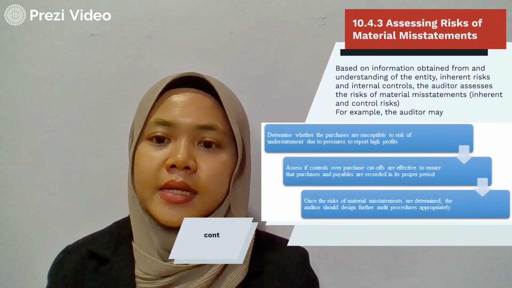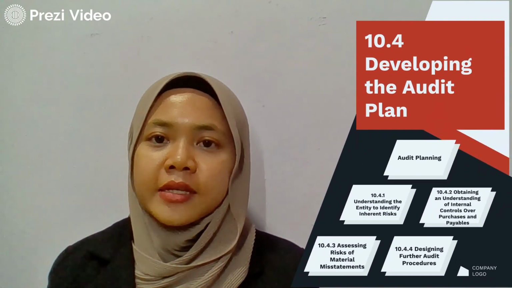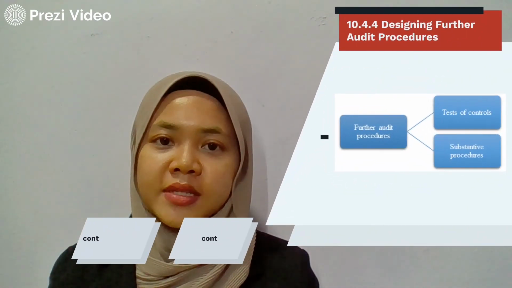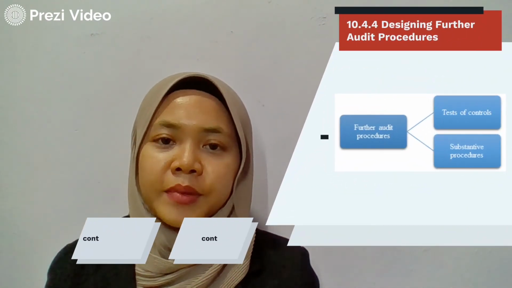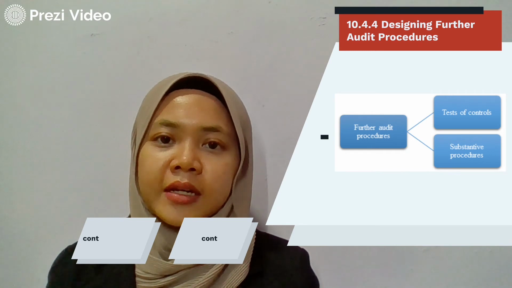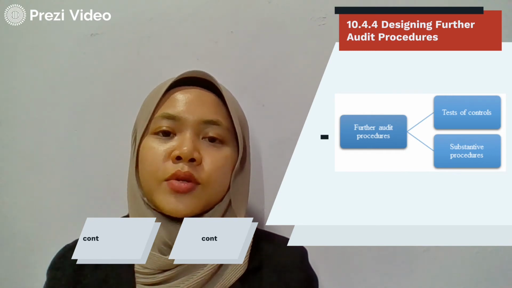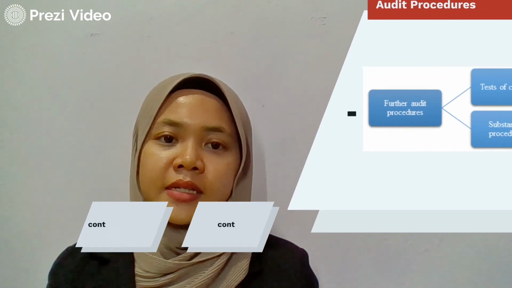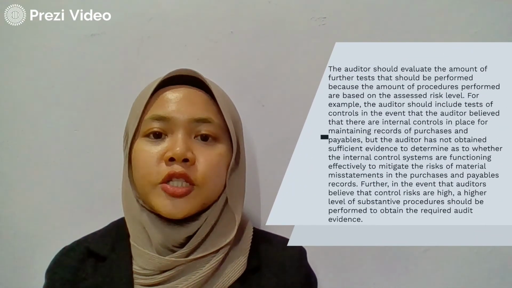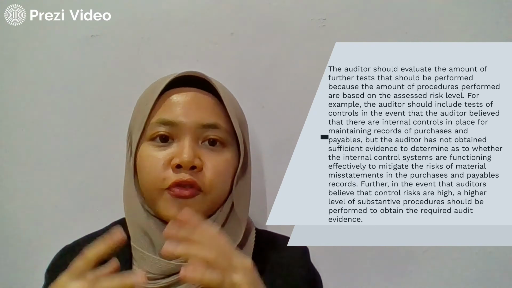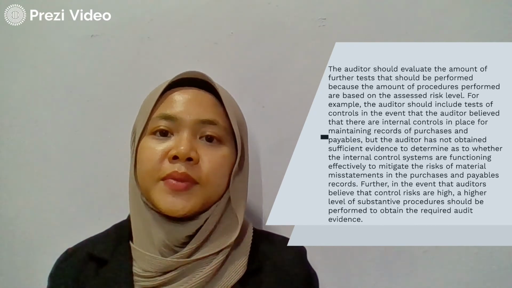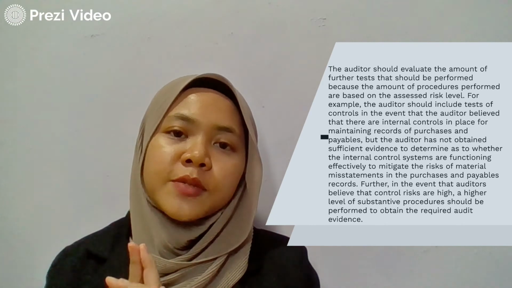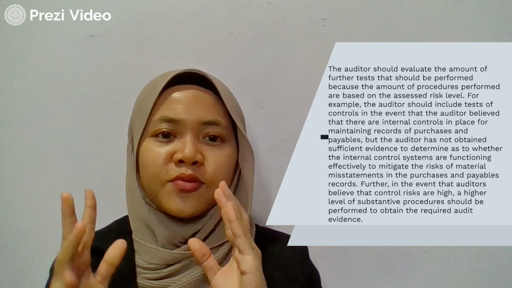The last step in audit planning is designing further audit procedures. There are two steps in designing further audit procedures, which are tests of controls and substantive procedures. The auditor should evaluate the amount of further tests that should be performed because the amount of procedures performed is based on the assessed risk level.